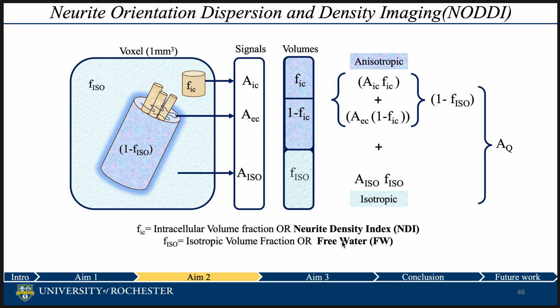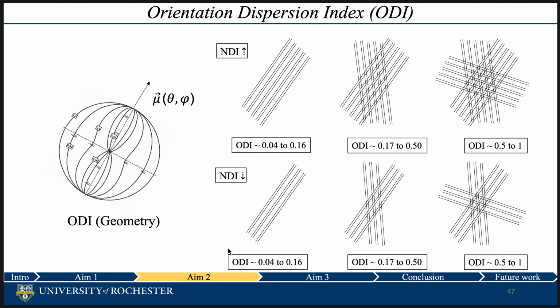So basically, two important parameters are the neurite density index, which is also known as the intracellular volume fraction, and the free water or isotropic volume fraction. Another important parameter for this model is the orientation dispersion index, which defines the geometry of the problem.